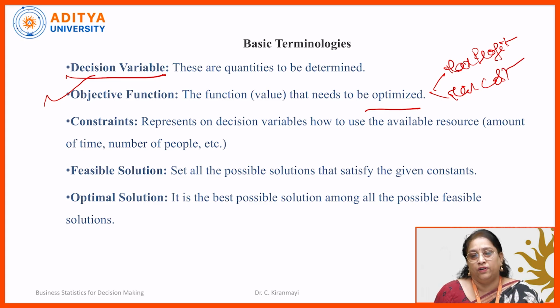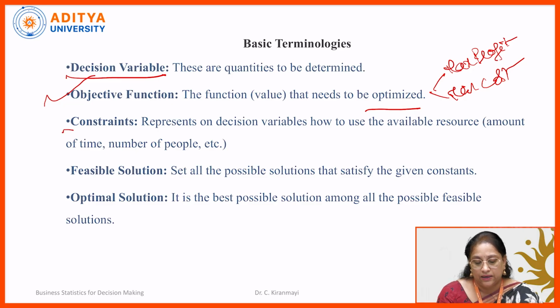These two could be the objectives of a business organization. In order to maximize or minimize, we put the decision variables in terms of a linear function which is called a mathematical model, and that is called objective function.